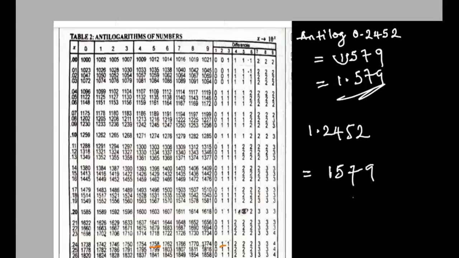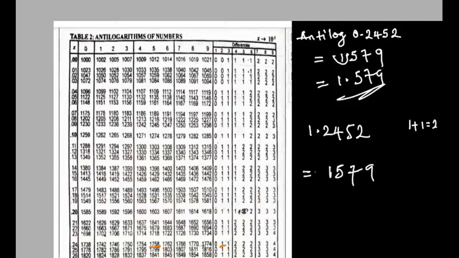1579. Yes. Now for this one, the whole number here is 1. And for logarithm we do a minus 1, but for anti-log we do the reverse, that is adding 1 to it. So on this one, I will have 1 plus 1 equals 2.